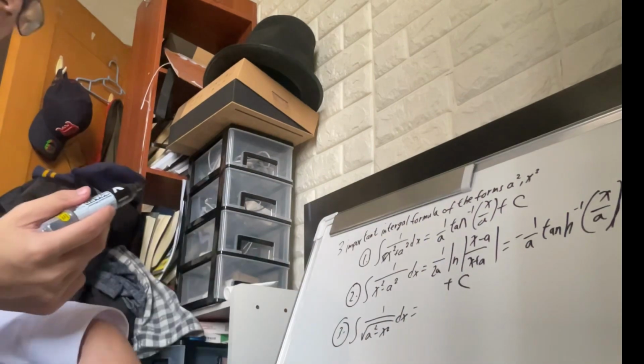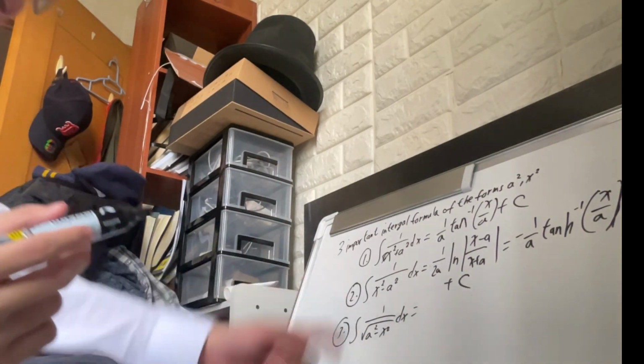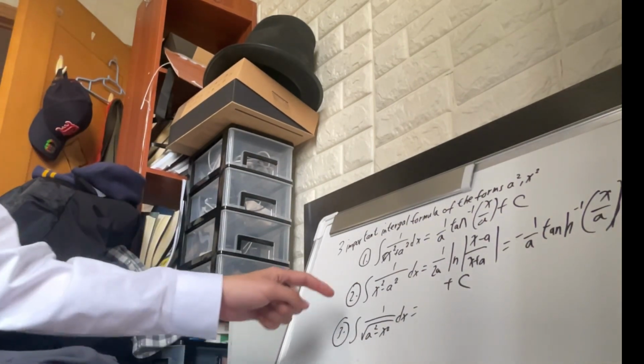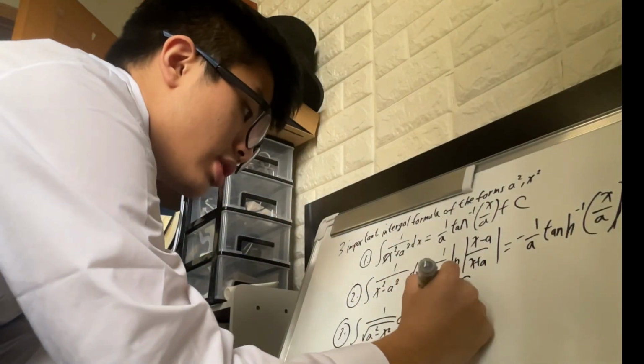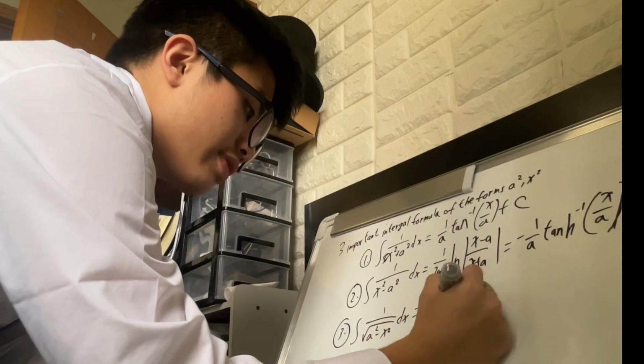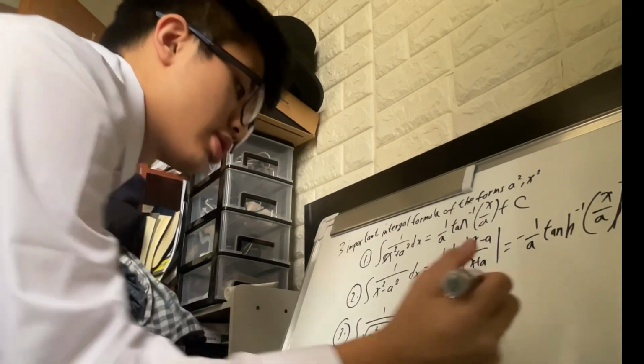No absolute value here, be careful. And then the third one is the easiest, the integral of 1 over the square root of a squared minus x squared, which is inverse sine of x over a plus c, and that's it.